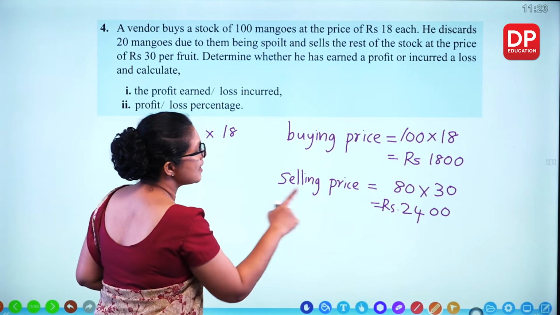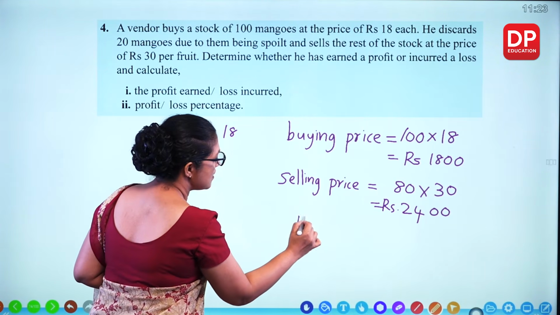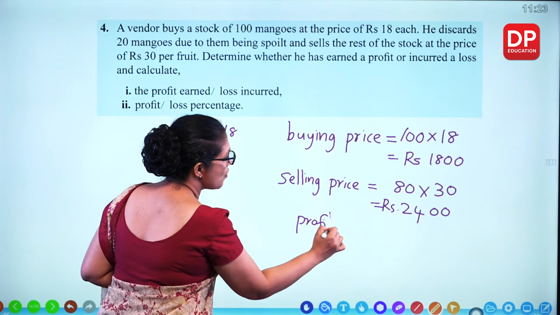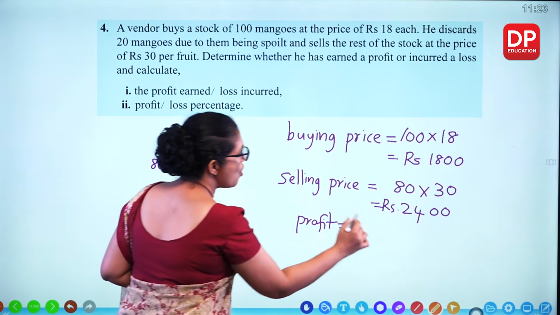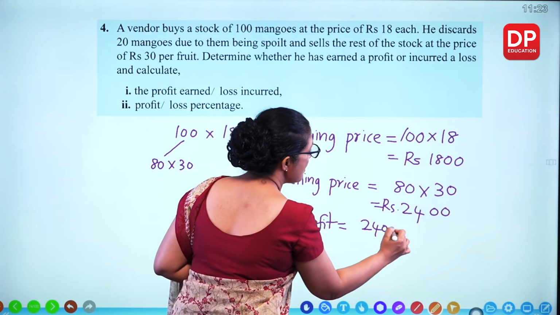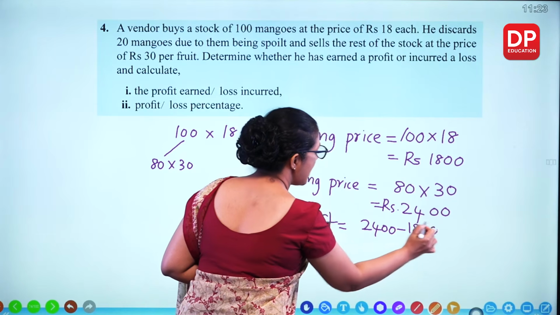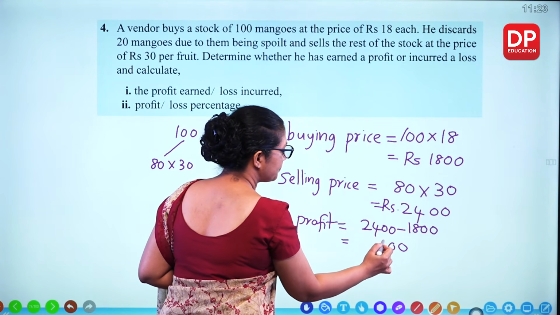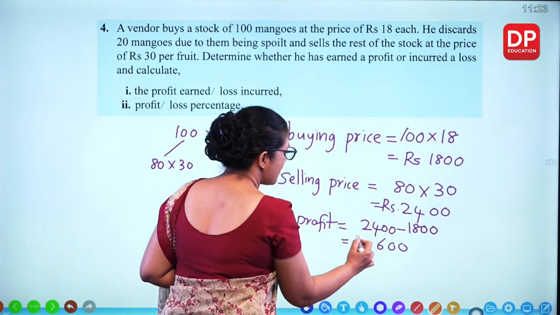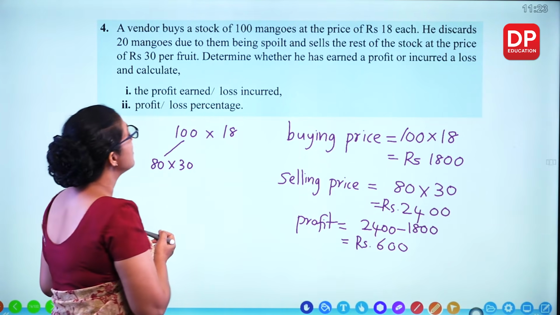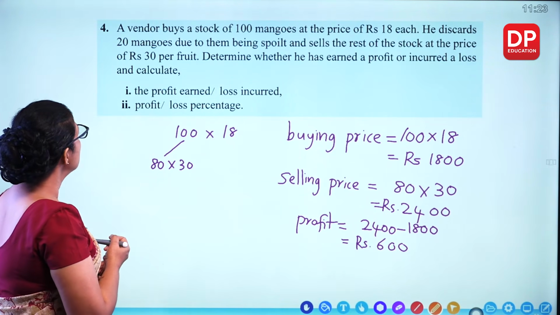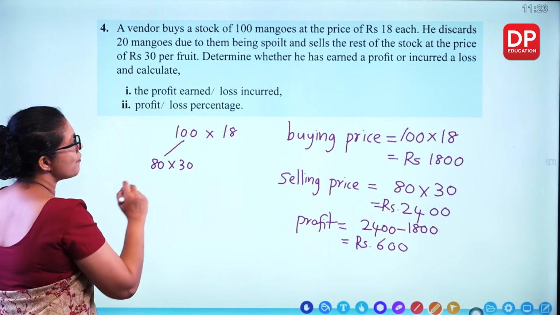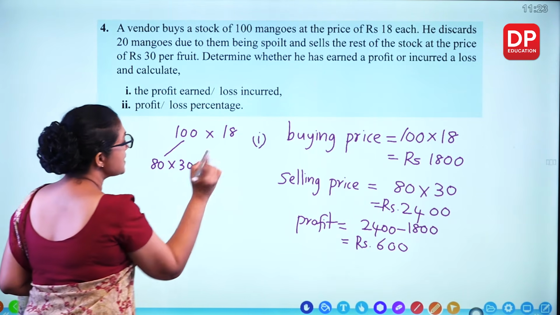So what's the profit? This is a profit. So profit is equal to 2,400 minus 1,800. What's the difference? 600 rupees. So that's the profit value earned and profit percentage.